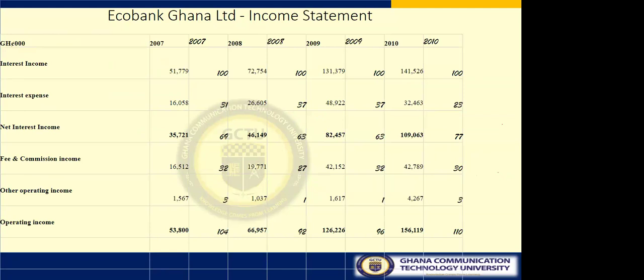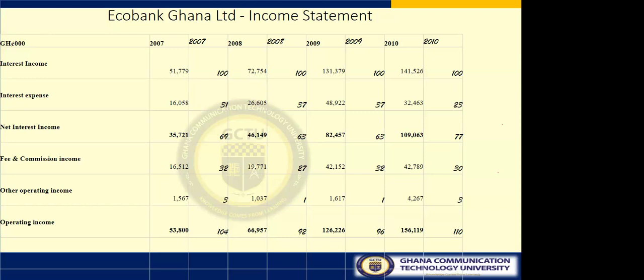So this is an example of the vertical analysis. So we are using the same income statement for EcoBank. So the interest income, the same amount. So we are using the interest income as the base year, which is 100%, right?